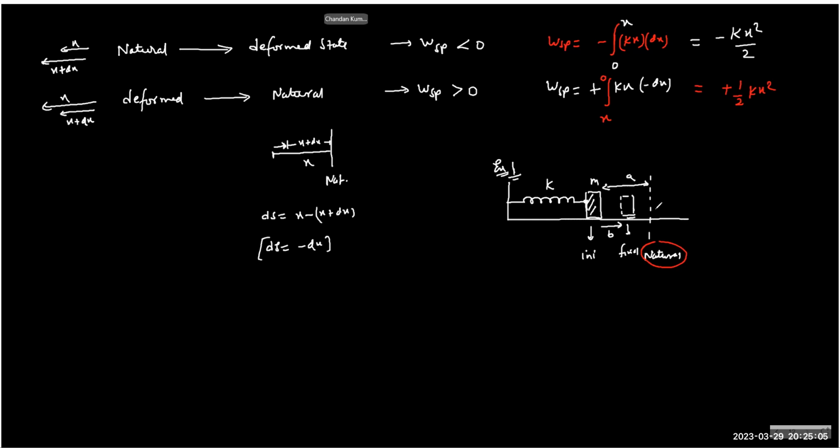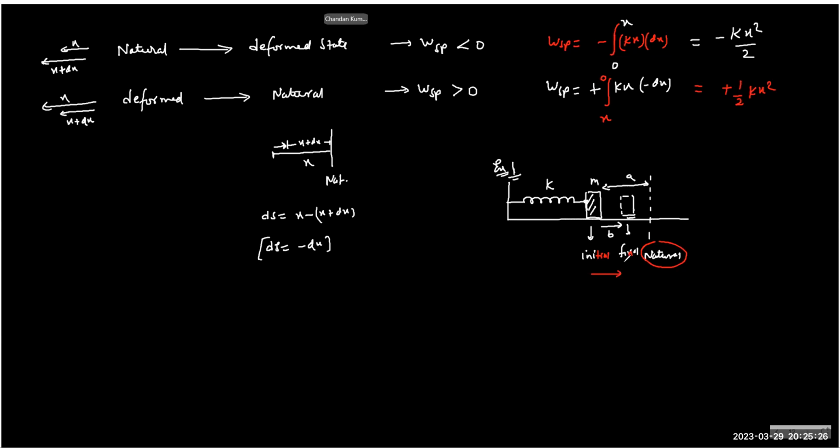Towards right. And that's what I'm doing right now. If you look at the initial and final, don't you see I'm going from left to right? So what to expect? My work should be positive or negative? Positive.